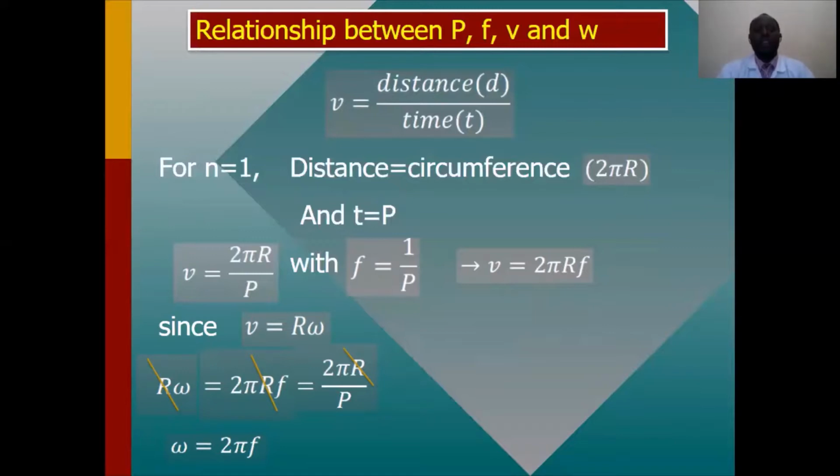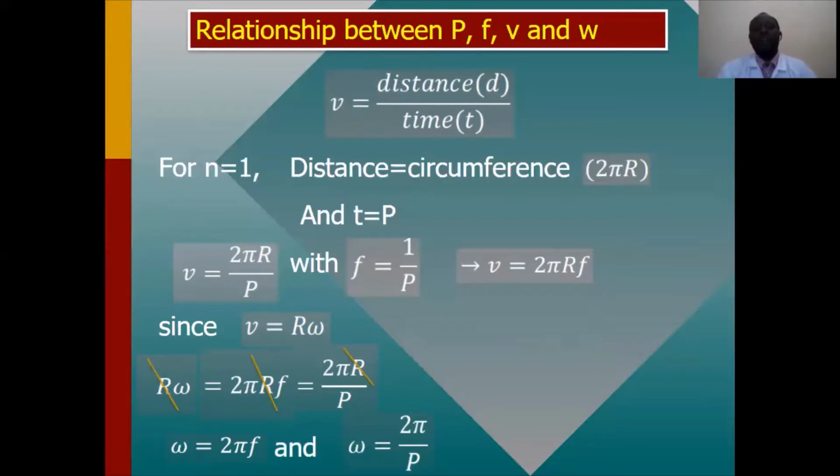You see that the angular velocity is directly proportional to the frequency. When the angular velocity increases, the frequency also will increase, and when the angular velocity decreases, the frequency also will decrease. That's why the angular velocity is also called the angular frequency, because angular velocity is directly proportional to the frequency.